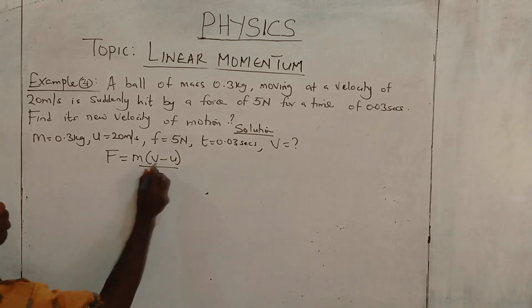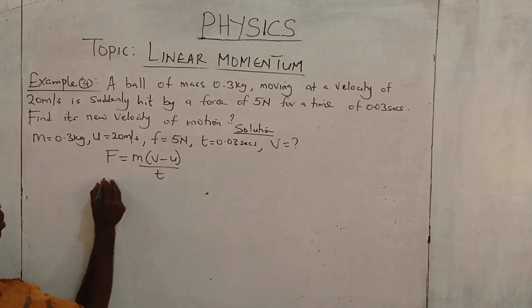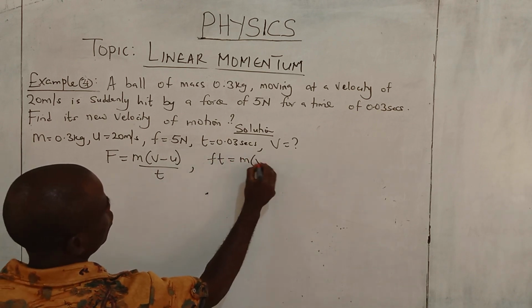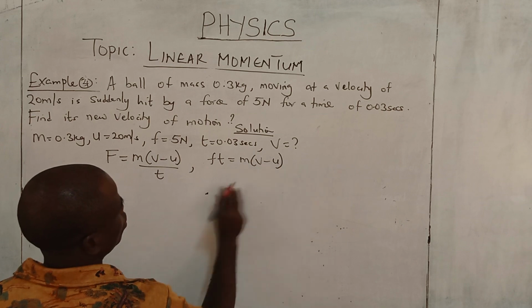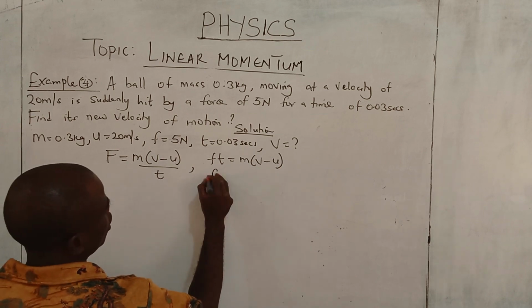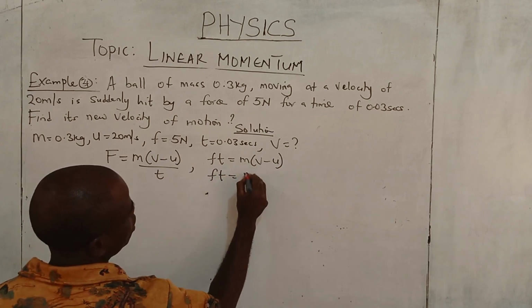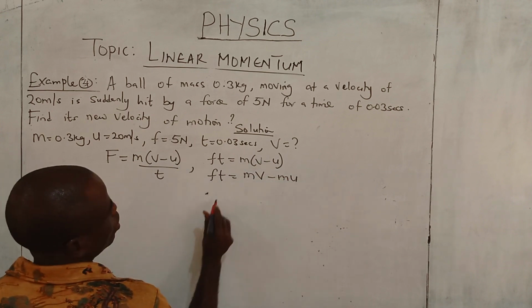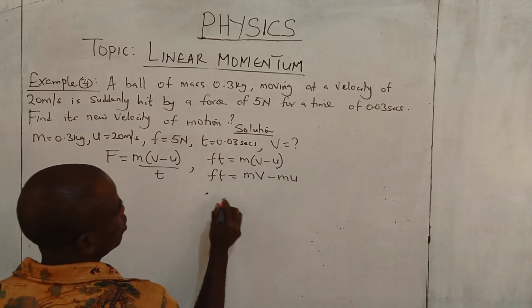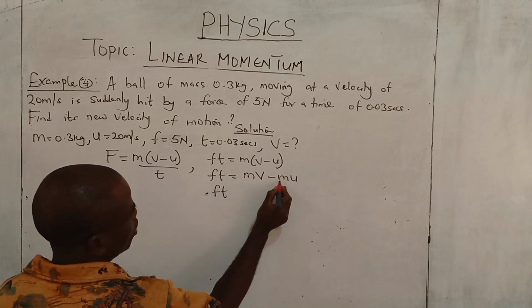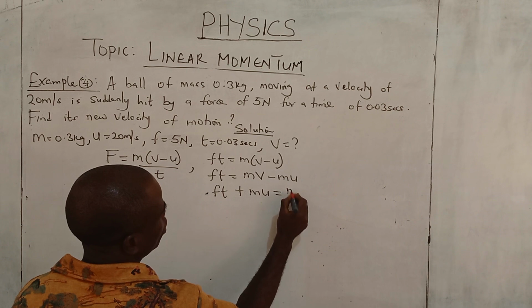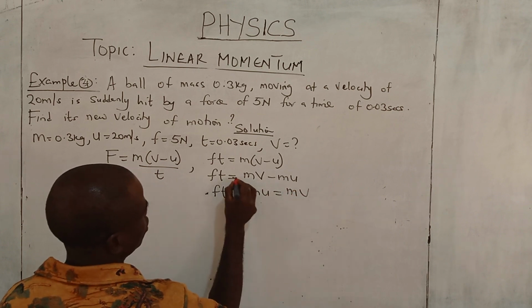Let's make v the subject of the formula before we start solving. Now, Ft equals m into bracket v minus u. Ft equals mv minus mu. We are looking for v. Let's take this one to the other side. Minus turns to positive, so Ft plus mu equals mv.